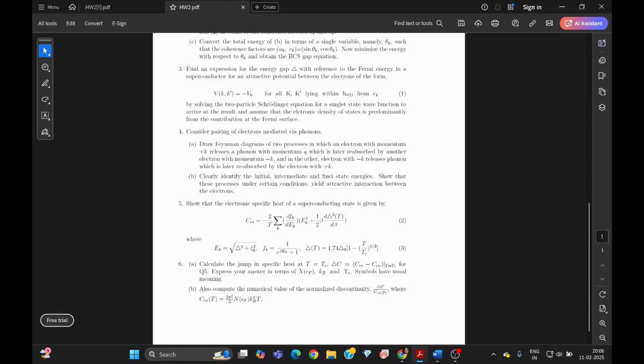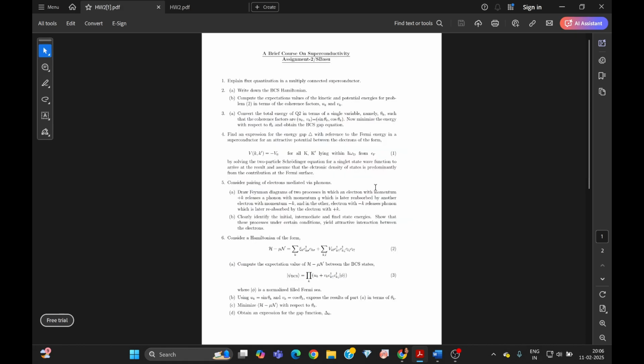Now, for homework 2, the question is done. Now I am adding one more question, and I'll just write the question and I'll also solve that. Now, the question is: consider a Hamiltonian.